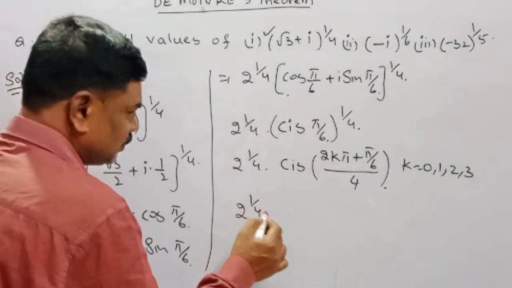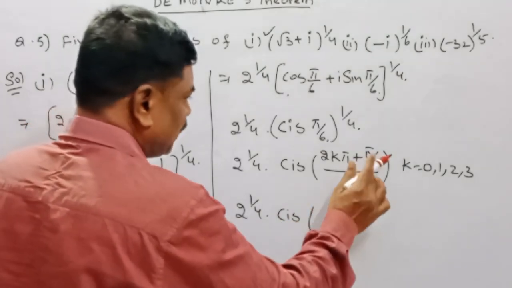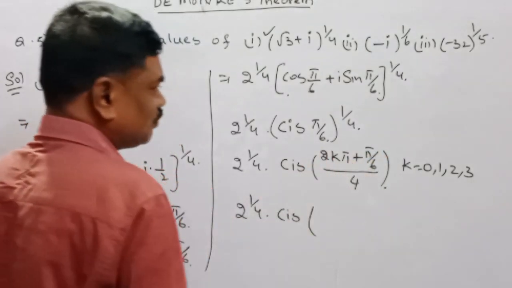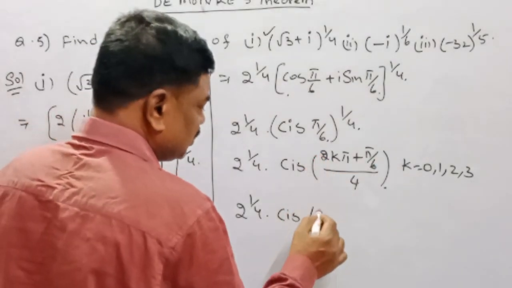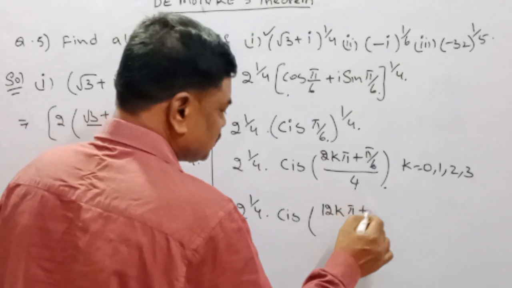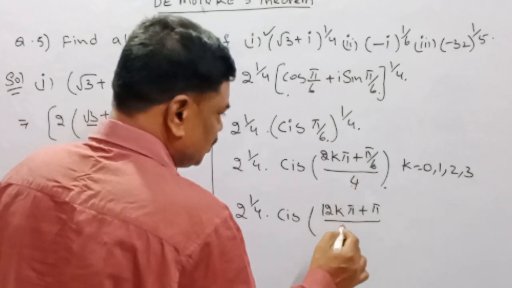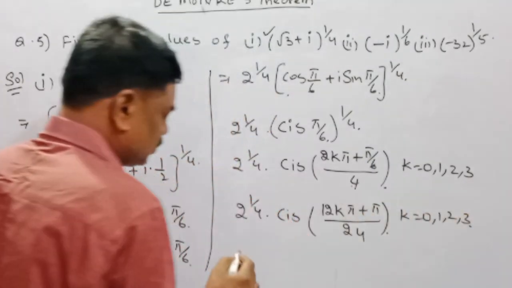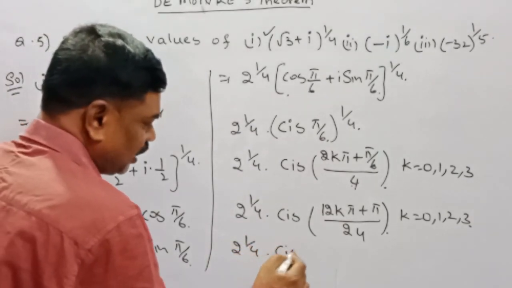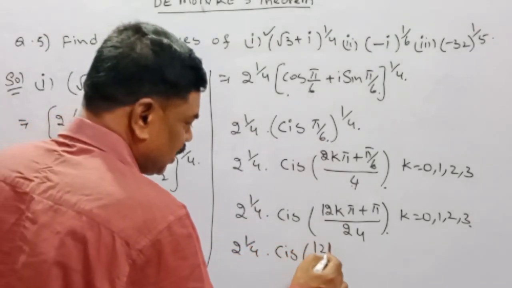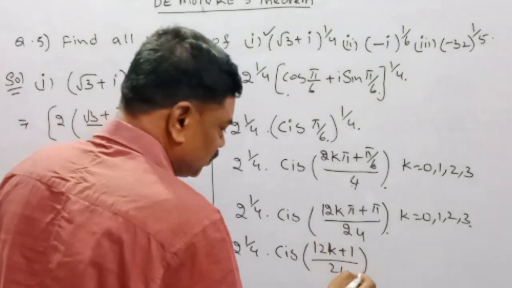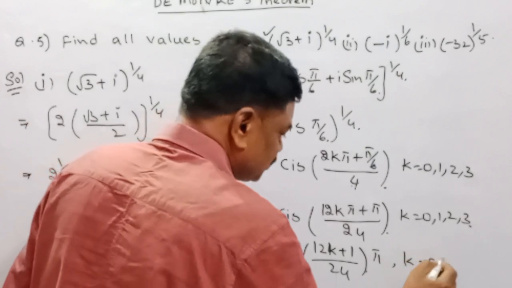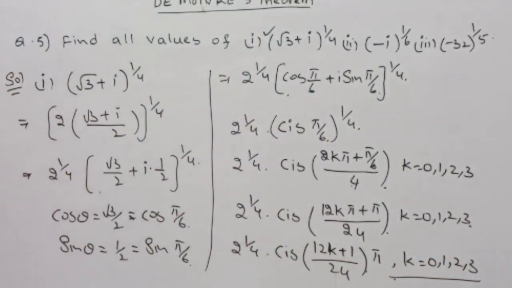So 6 into 2 gives 12kπ + π/6 over 24, that is 2^(1/4) times cis of ((12k + 1)/24)π, where k equals 0, 1, 2, 3 are the values of (√3 + i)^(1/4). That's all.